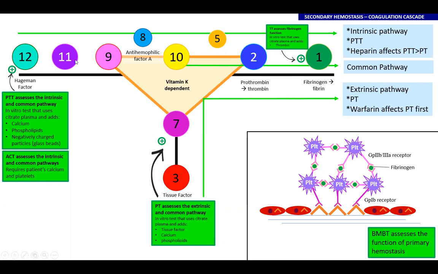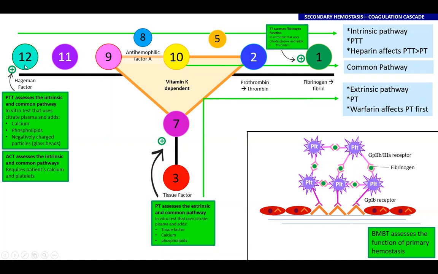Okay, then when we're looking at our intrinsic pathway deficiencies, so let's just look at 12, 11, 9, 8. Deficiencies in 12, 11, 9, and 8 would all cause a prolonged PTT and a normal PT and thrombin time as well. And because your primary hemostasis is not affected, your BMBT would be normal.